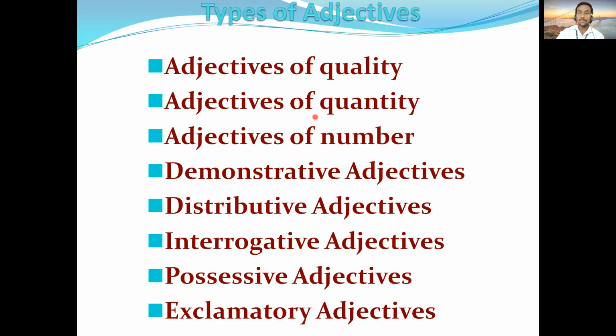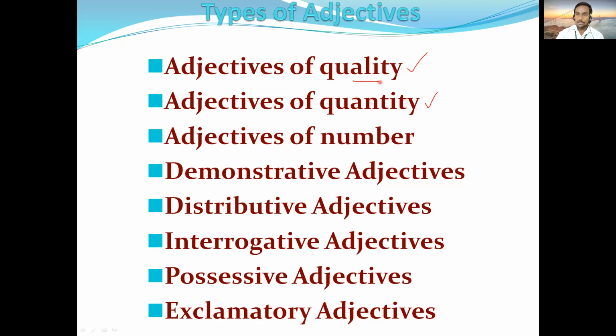On the next slide you can see the different types of adjectives, which we will learn one by one in the following slides. Which are these types? Adjectives of quality and quantity. Quality talks about the quality of a noun, whether it is good, bad, strong, weak.